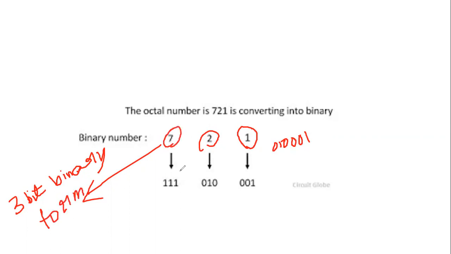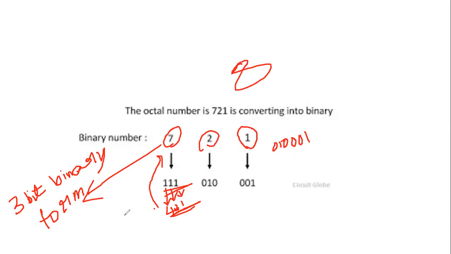Seven, how will we represent? You will say 1, 1, 1, all 3 ones. This will be 1, this will be 2, this will be 4. Finally, 4 plus 2 plus 1 is 7.